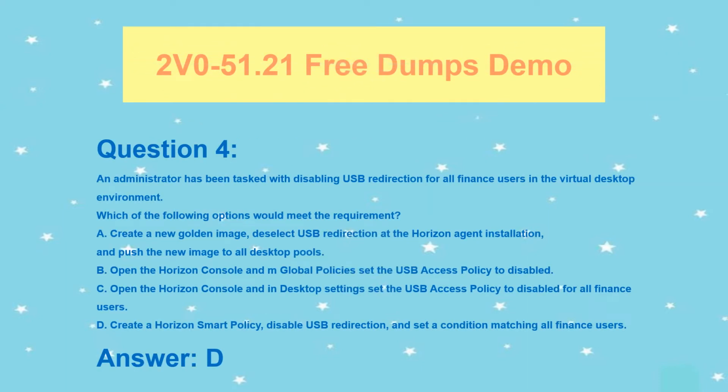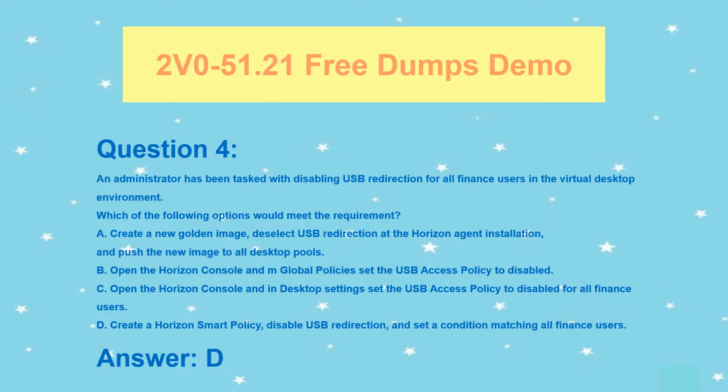Question 4. An administrator has been tasked with disabling USB redirection for all finance users in the virtual desktop environment. Which of the following options would meet the requirement? A. Create a new golden image. Deselect USB redirection at the Horizon Agent installation, and push the new image to all desktop pools.